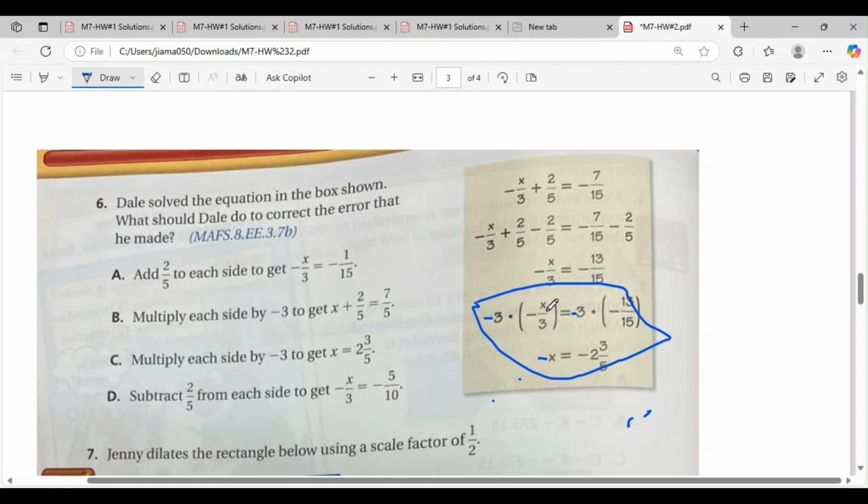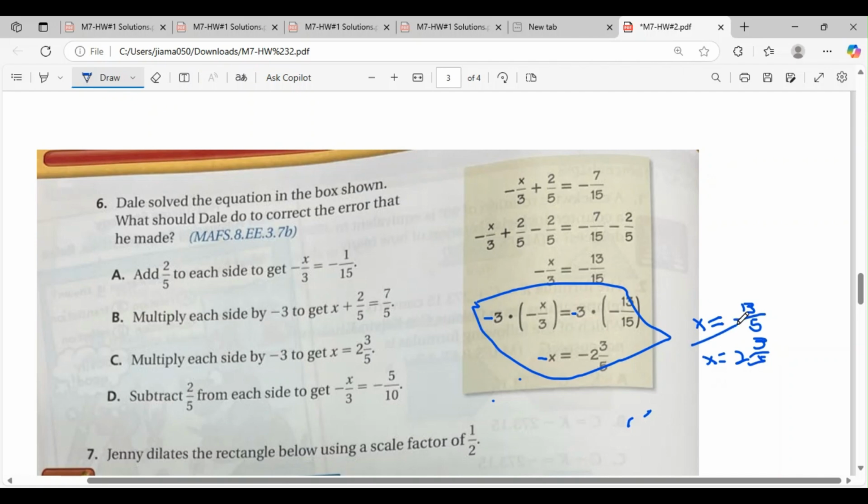3 times x divided by 3 equals x, and -3 times -13 divided by 15 equals 13 divided by 5, which is 2 and 3 divided by 5.